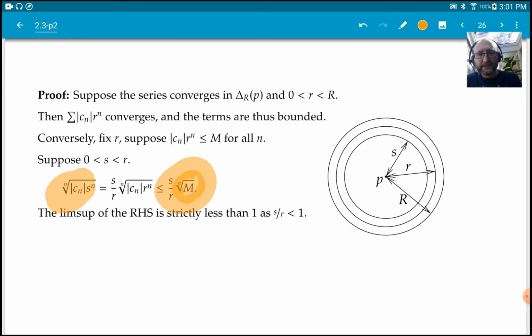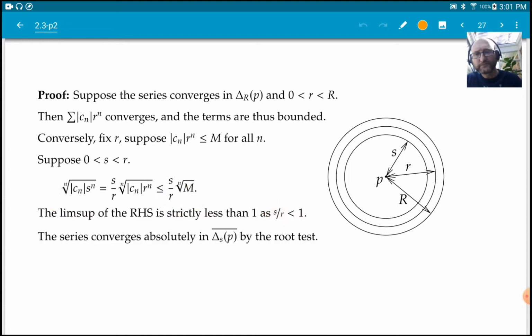So the limit is strictly less than 1, because it is actually S over r, and that is strictly less than 1. So therefore, by the root test, the series converges absolutely in this closed disk of radius S.